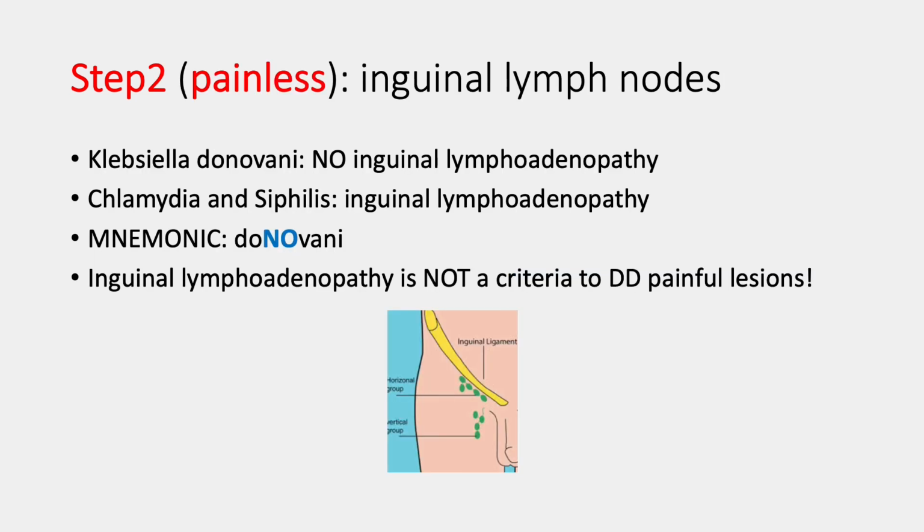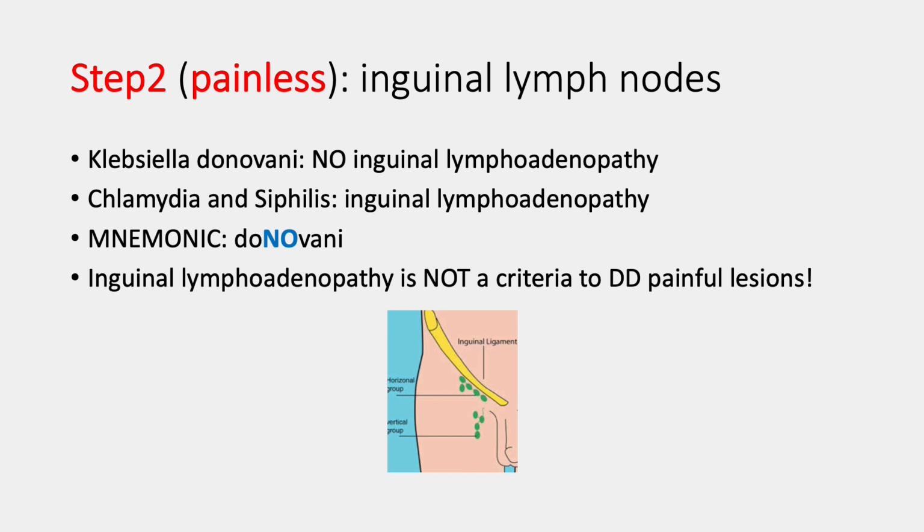So in case the ulcer is painless, the second step is to understand if there is inguinal lymphadenopathy. If the inguinal lymphadenopathy is absent, 100% Klebsiella donovani is the answer. If there is inguinal lymphadenopathy mentioned in the vignette, it's most likely chlamydia or syphilis. And the mnemonic that I used for Klebsiella donovani is the word no within the word donovani.